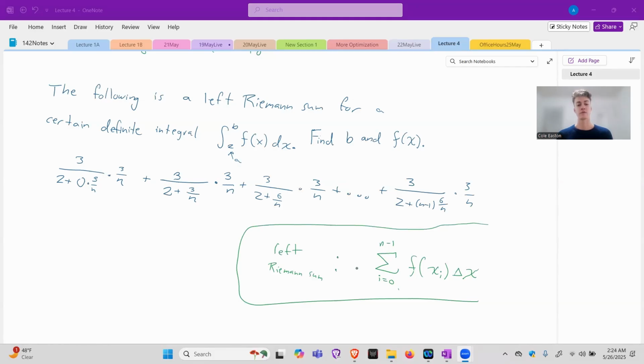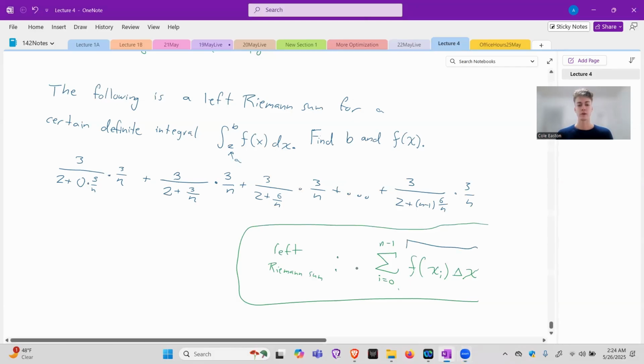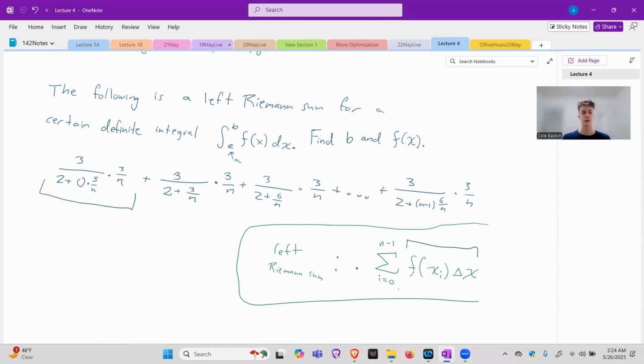Now we have the left Riemann sum formula over here for you to reference. And we know that what's written right here is what's written right here, right? This is one term in the sum. The first term happens when i is 0. So that means that this is supposed to be f of x0 times delta x.